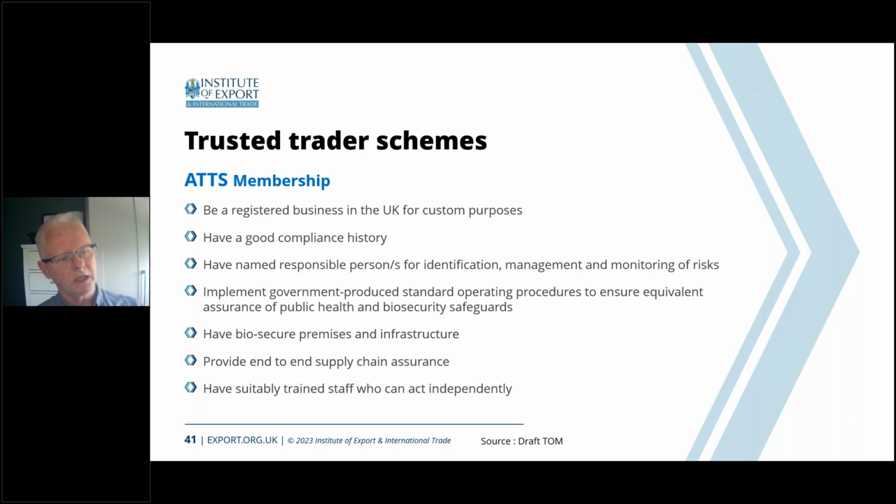You have to have a named responsible person for identification in terms of management and monitoring of risks, usually at director level. You need to implement the government-produced standard operating procedures to ensure the equivalent assurance of public health and biosecurity safeguards.